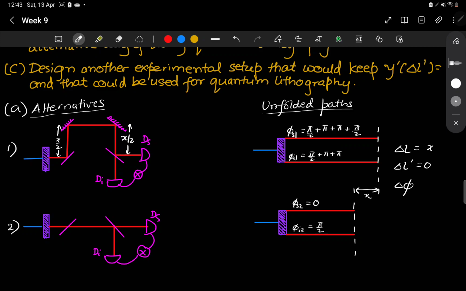So pi by 2 plus pi plus pi plus pi by 2, that makes 3 pi, and then 4 pi, 5 pi, 5 pi plus pi by 2, and then minus pi by 2, that makes it 5 pi. And 5 pi is equivalent to pi, because you take the modulus with 2 pi.